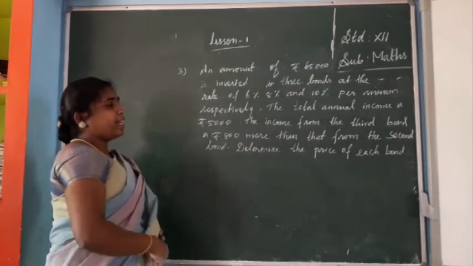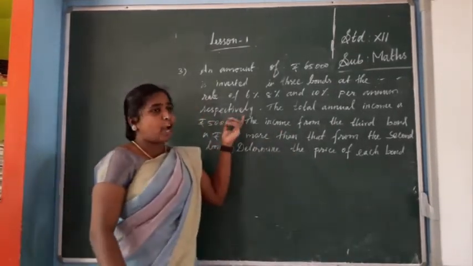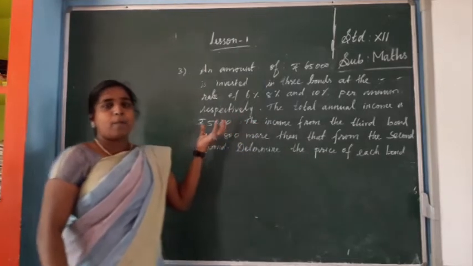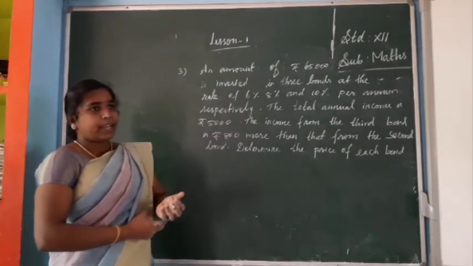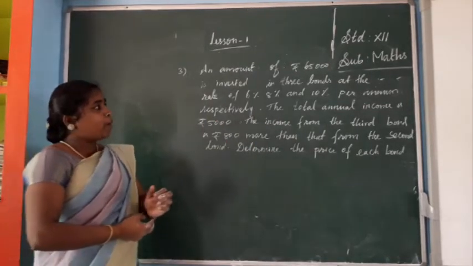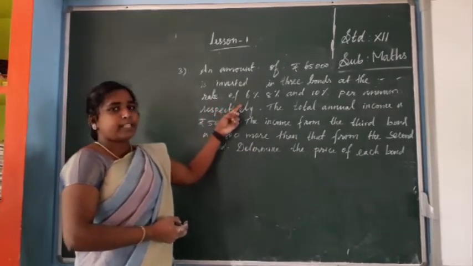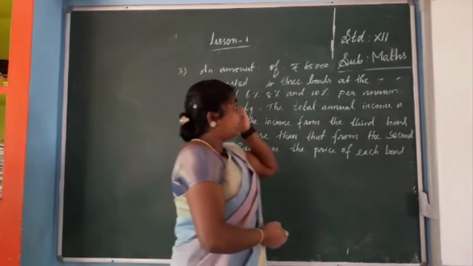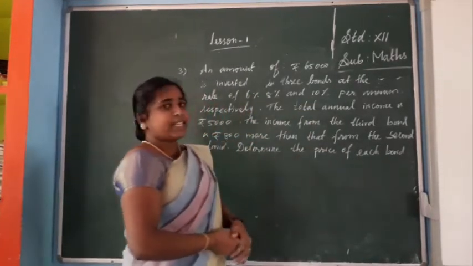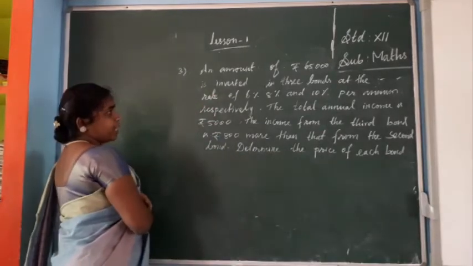So first, let X be the amount invested in the 6% bond. Next, Y means the 8% bond. Then Z means the 10% bond.